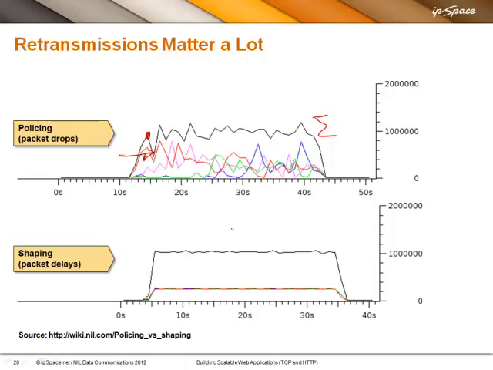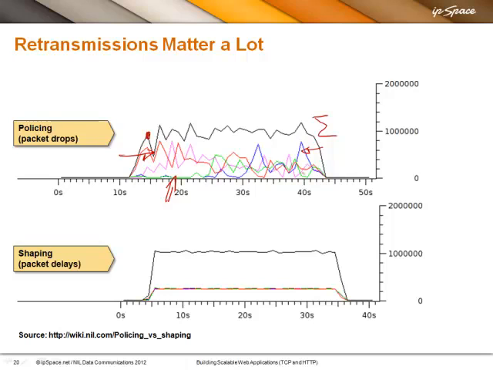You see that some sessions don't even start well because of packet drops and pick up later on, for example, the blue one. The point of this picture is that the moment you start experiencing packet drops, performance of a single TCP session becomes totally erratic.